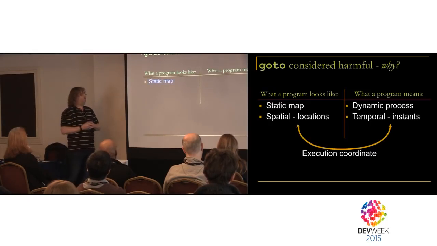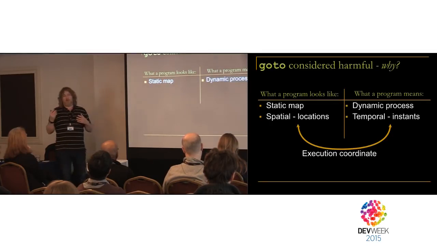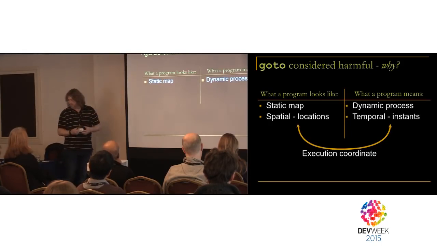So what he said was that the program looks like a static map. It looks like it's fixed, it's on the paper, or it's fixed on the screen. But what it means is a dynamic process. It orchestrates all of the processing that's going on inside a computer somewhere. But it makes no sense to have a static program because the program inside the machine is inherently a dynamic thing.